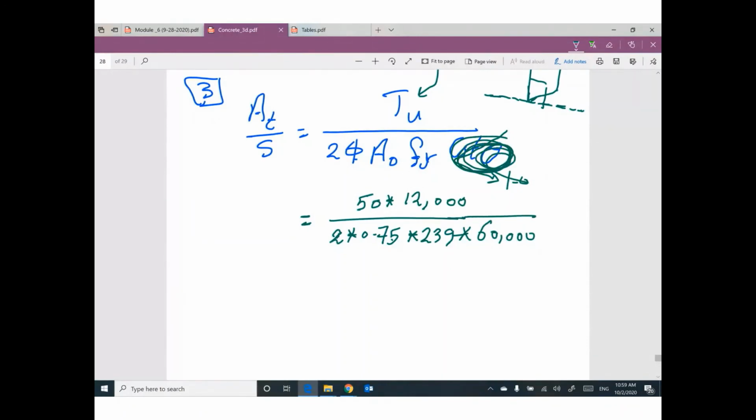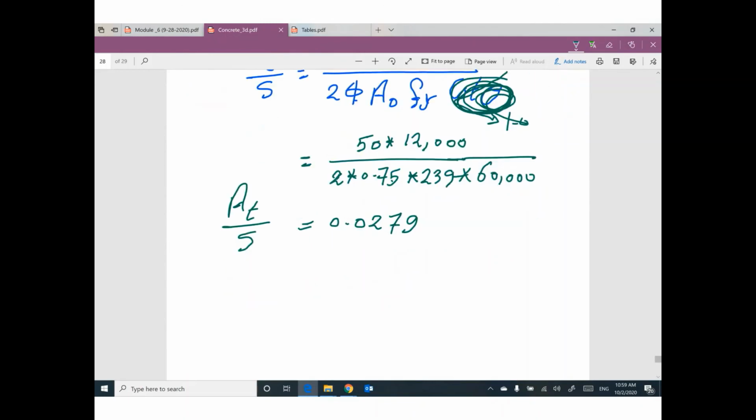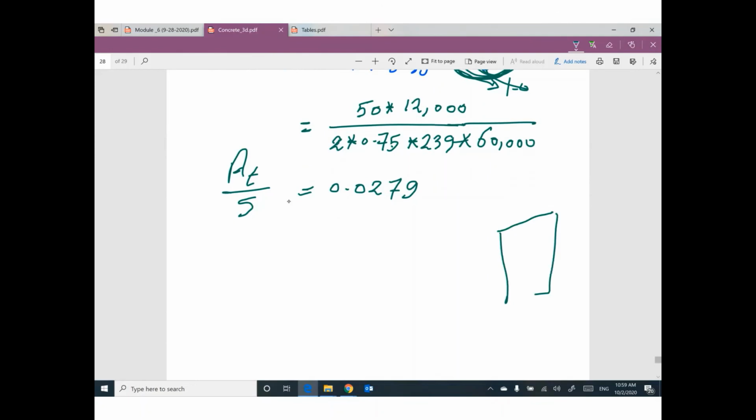So I can figure out the value of area T divided by S. This one will be 0.0279. What is the size of the stirrups you are using? Based on the problem, we are using number 4.